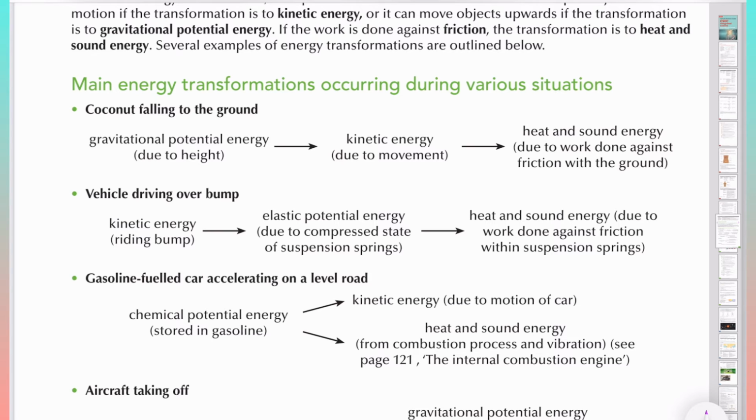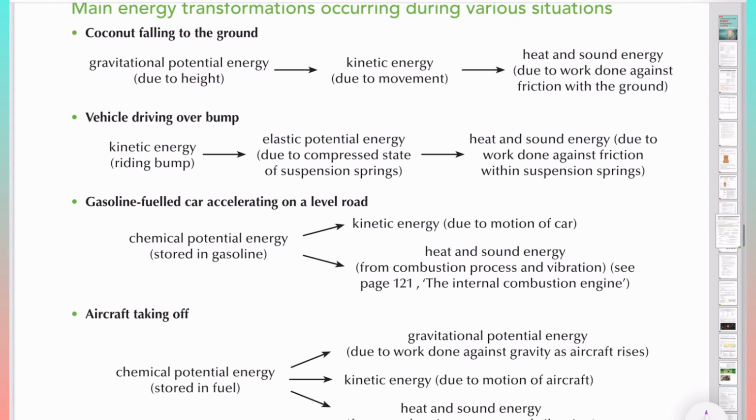It will also have heat and sound energy because of friction, right? So anytime work is being done, heat and sound energy tend to be a byproduct at some point in time. So some of the energy will be converted from gravitational potential to kinetic, and then some of that will also be converted into heat and sound.